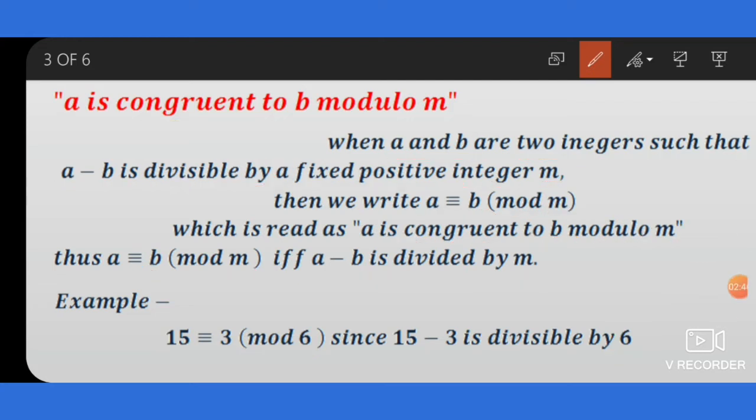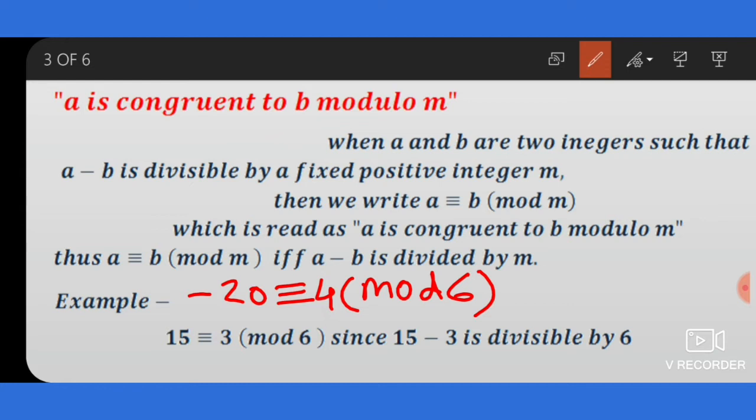Another example of congruent modulo m: minus 20 is congruent to 4 modulo 6, since minus 20 minus 4 is divisible by 6.